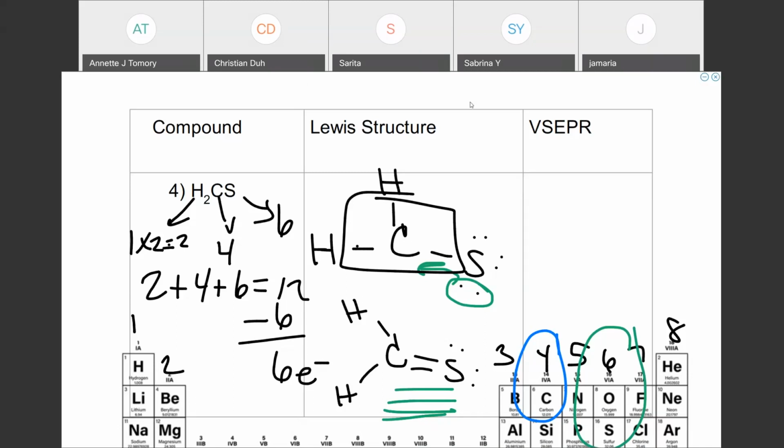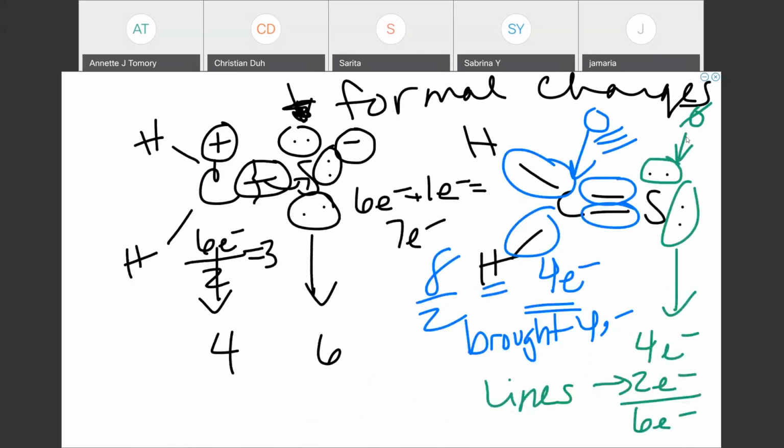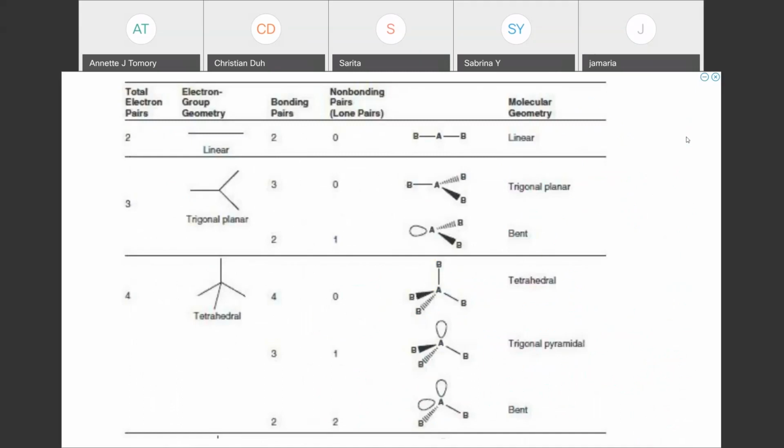Yes, you're recording again. All right, so how many things are coming off of carbon here? 4. Oh, yeah, 4. We have 4 lines, but 2 of the lines are going to the same thing. So that's why I said how many things are coming off of it. So if I'm looking at here, I'm going to rewrite this.